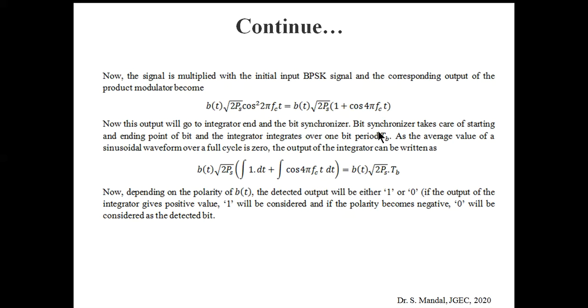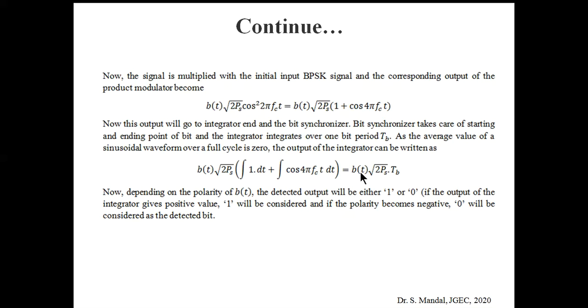As we already know, the average value of a sinusoidal waveform over a full cycle is 0, that means the integration of cos 4 pi fct dt is 0. So you can write the corresponding output like this: bt into root 2 ps into tb. As we make the integration over only one time period of tb, the corresponding output is tb. So this is basically the output of the integrator, which is a DC voltage level.